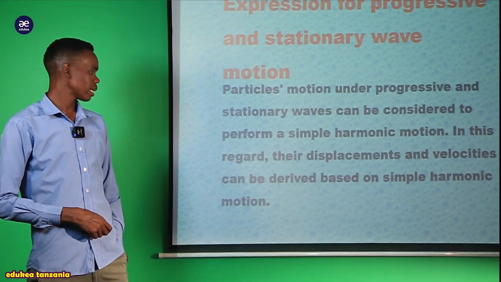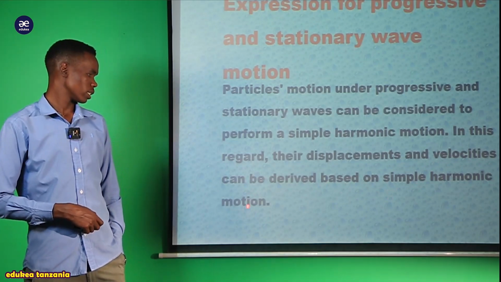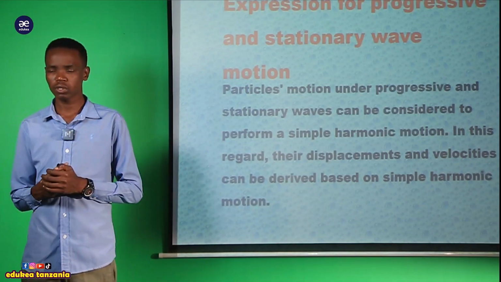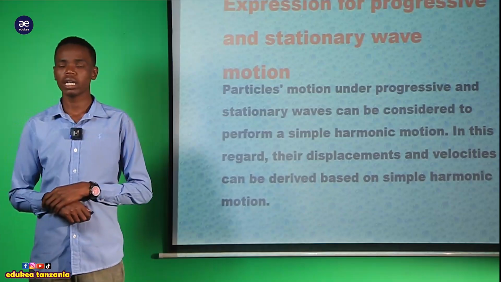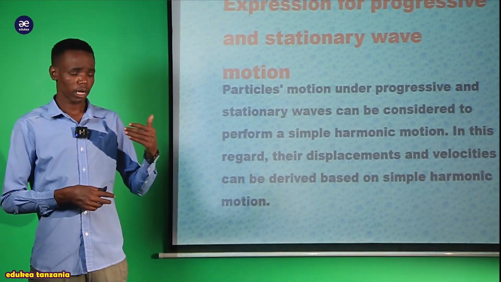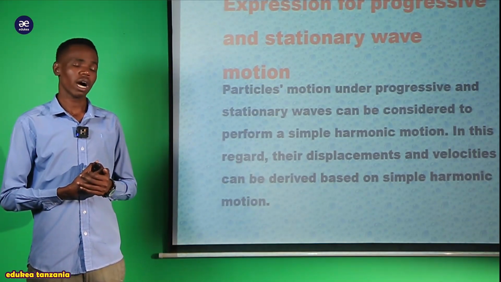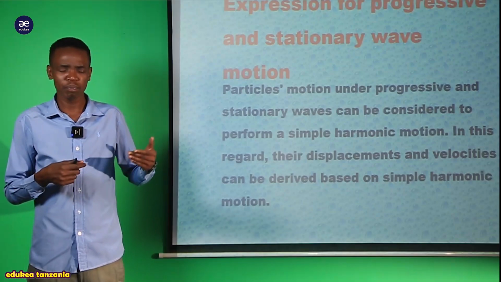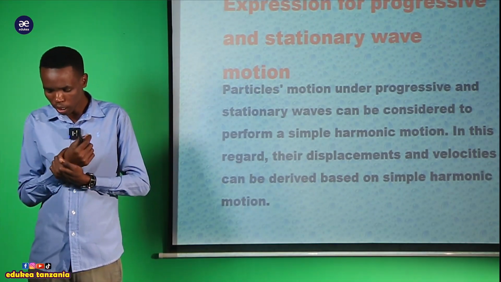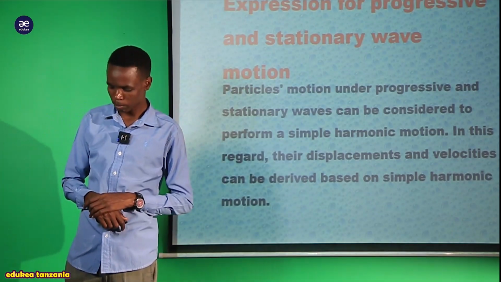So in this regard, their displacement and velocity can be derived based on simple harmonic motion. As we have been told, my dear student, we consider their displacement and also the velocity. So here we get the formula of displacement and the formula of velocity, which we derive. If the particles undergo simple harmonic motion, it enables us to derive the formula of the velocity and the displacement.